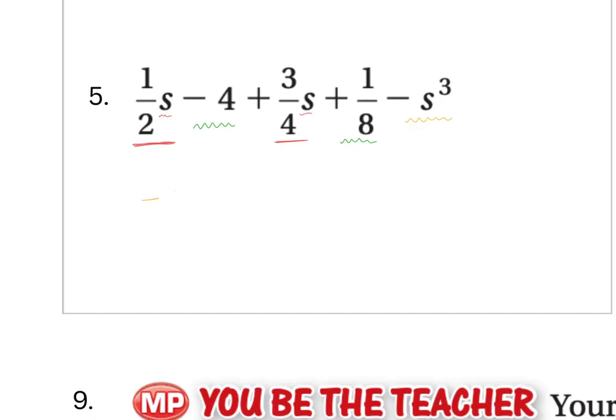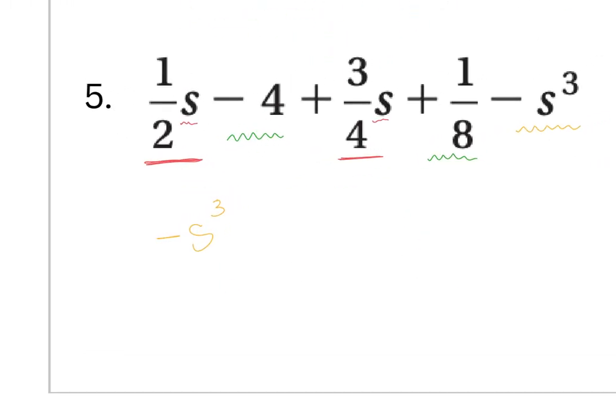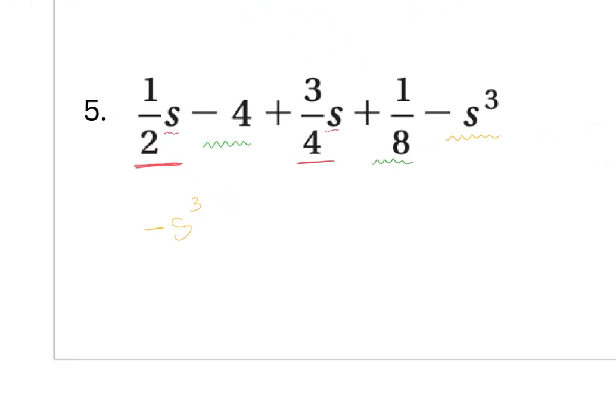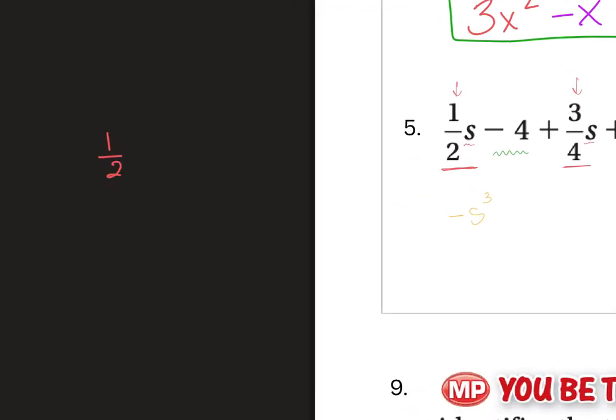I didn't talk about this, but the way that you're supposed to write these is the guy with the biggest exponent, the highest degree we call it, he gets written first. That's why I wrote 3x squared first there. There's that. And then now we need to combine this guy and this guy. So let's do that. 1/2 plus 3/4.